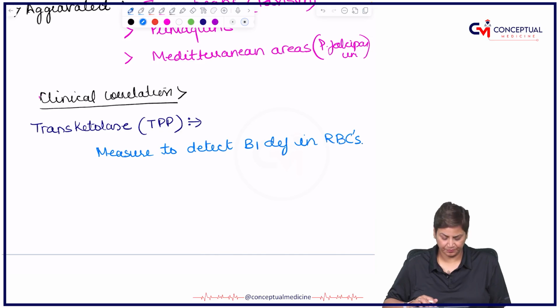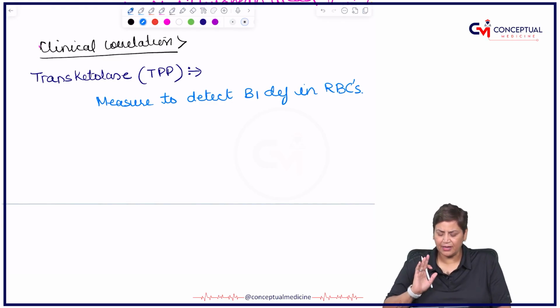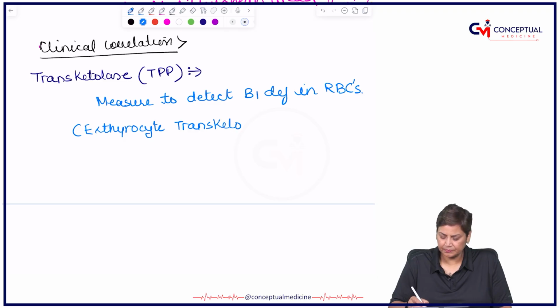Very important. We can check the thiamine excretion in urine also, but this is a very important step. What happens is, because transketolase requires TPP, definitely if B1 is deficient, there will be a decrease in erythrocyte transketolase activity. We call it erythrocyte transketolase activity.